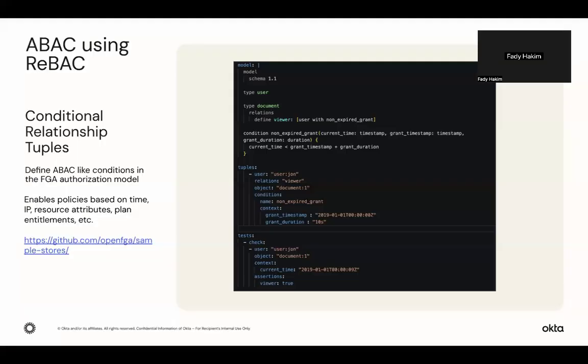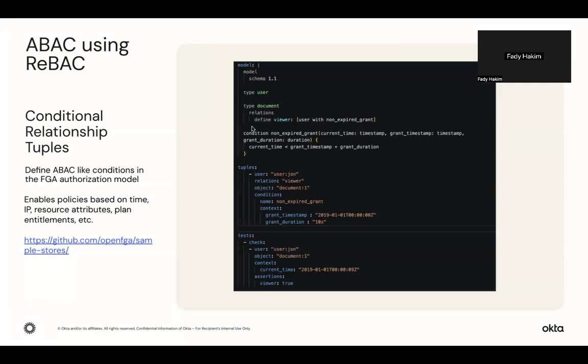The other thing you can also do is ABAC using FGA, which is attribute-based access control. So in my use case here, I want to assign access for the user to a document during a certain time. So again, I define an object user, I define an object document, and I define a relationship to the object document for a viewer, which is a user under a certain condition.